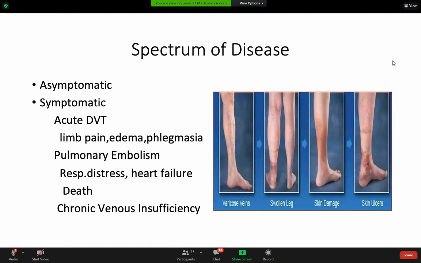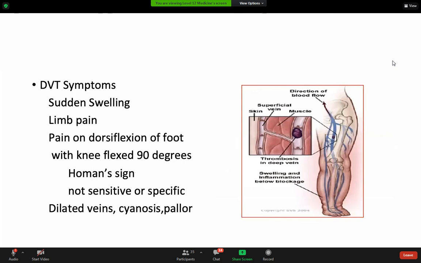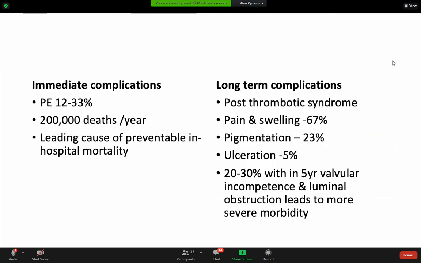So DVT is either asymptomatic or symptomatic. When we have a symptomatic patient with acute DVT, usually they present with just pain and edema, sometimes phlegmasia of the leg. I mean change in the color. Of course they also have pain when you dorsiflex their foot.